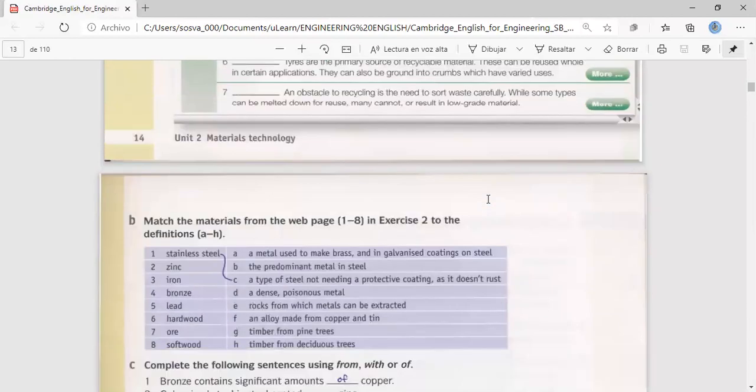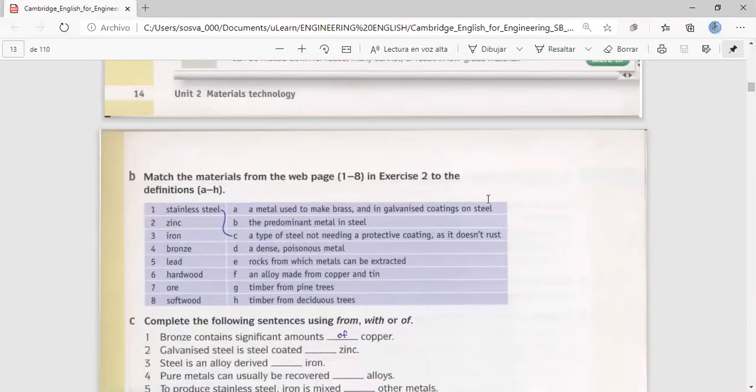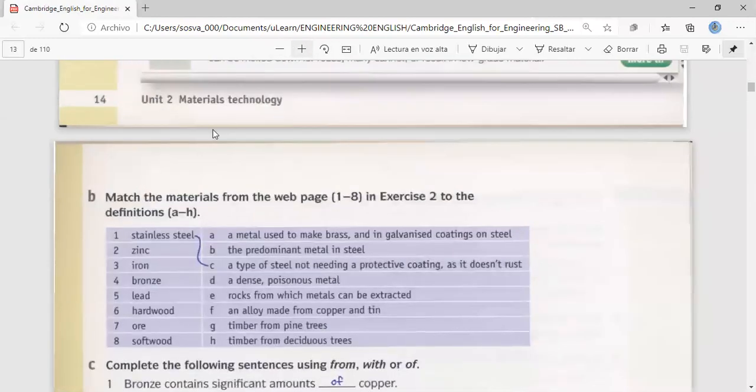So knowing this, I want you to turn to page 15 and look at exercise letter B. Could you please read the instructions? Letter B is: match the materials from the web page in exercise 2 to the definitions A to H. Thank you.